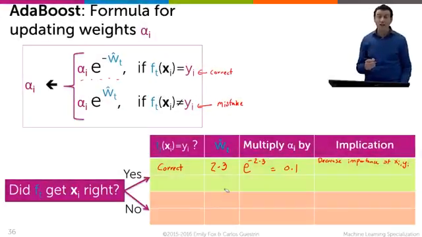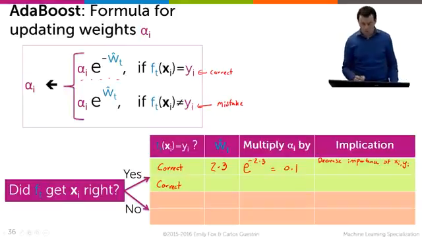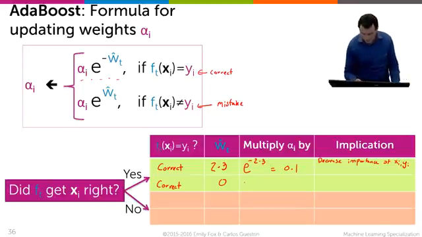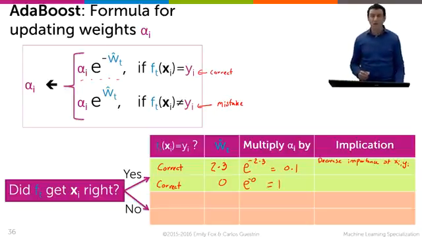Now let's look at the case where we got the data point correct, but the classifier that we learned was as good as random, so we had weight 0, just like we discussed a few slides ago. So this kind of overall weighted error of 0.5 leads to weight 0. In this case, we're multiplying alpha_i by e to the minus 0, which is equal to 1. What does that mean?